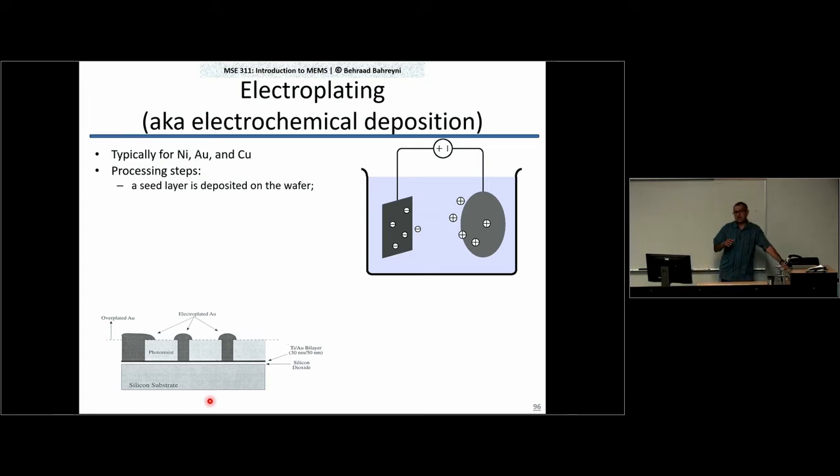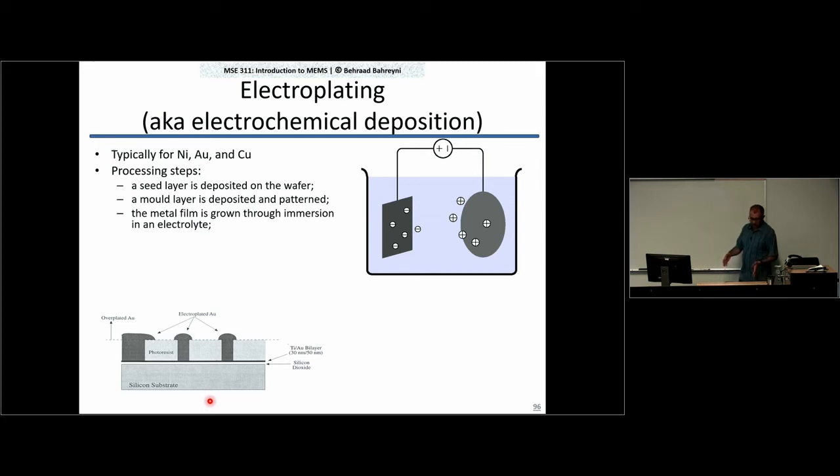So what we do is that we deposit the seed material on our wafer. We put a mask on top of it, right? So we put, let's say, a polymer structure that is used as a mold, and we cover most of that wafer with that polymer and just create openings where we want our structures to show up. And then once we do that, we put this in a proper salt solution, apply an electric current, and what you do is that you dissolve your source and transfer the ions, usually metal ions, from the solution onto your substrate.